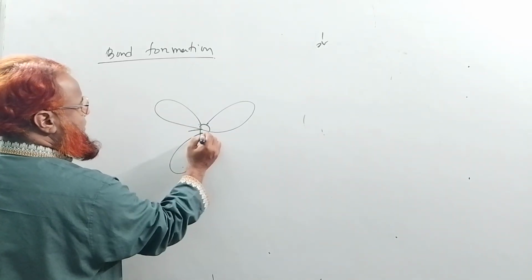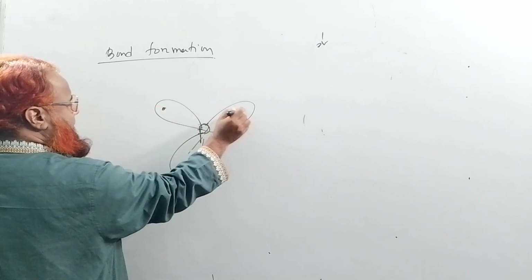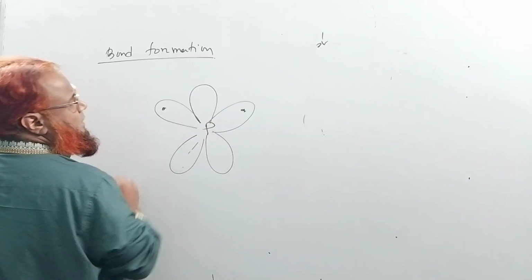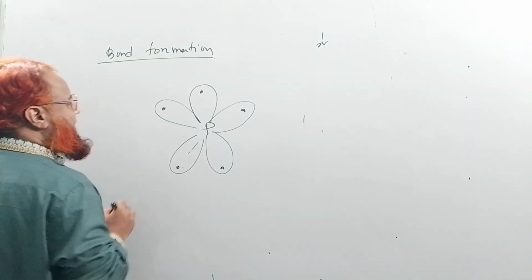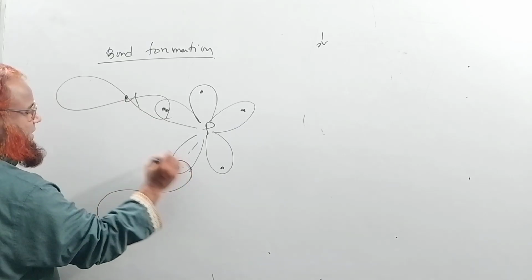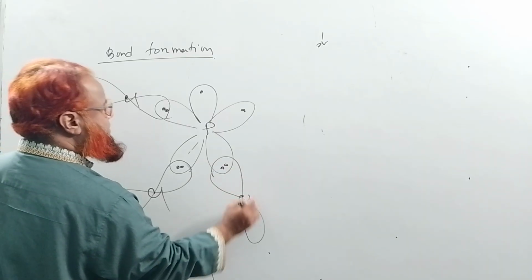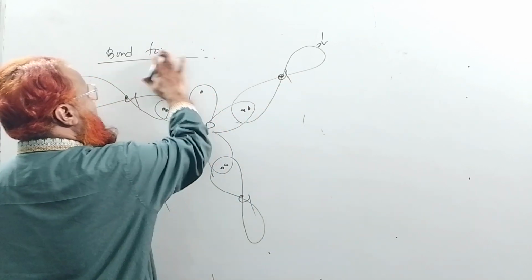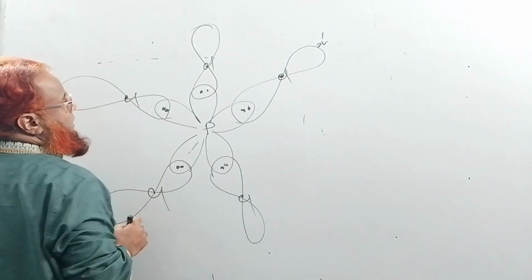Trigonal shape of phosphorus, 3 hybrid orbitals having the unpaired electron, and similarly the 2 hybrid orbitals perpendicularly, and these unpaired electrons become what? Every unpaired electron becomes paired with what? The unpaired electron of chlorine. Like this. Unpaired of chlorine. So my dear student, look at here.